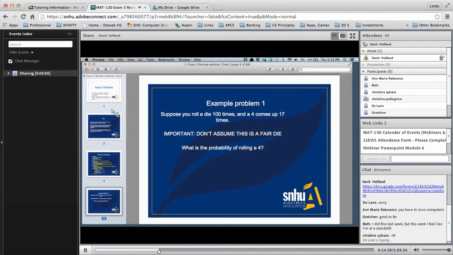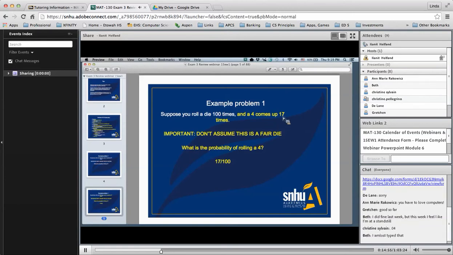So in empirical probability, if you're rolling your die 100 times and the 4 comes up 17 times, then you're going to say, based on this data, I'm going to assume that the probability of rolling a 4 is just 17 out of 100. Okay, so I'm going to use my experimental data to define the probability.